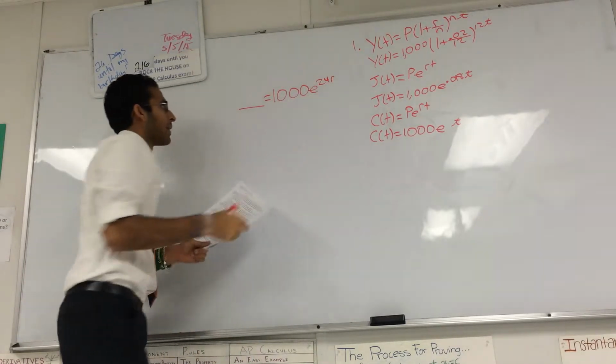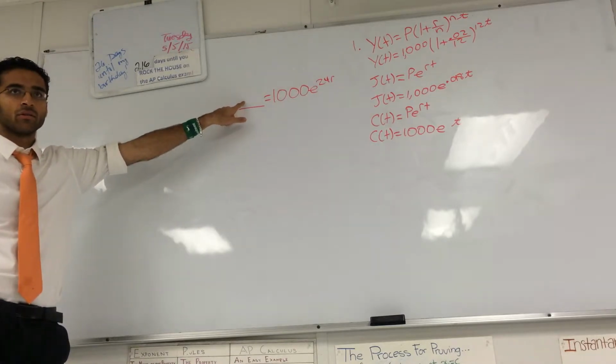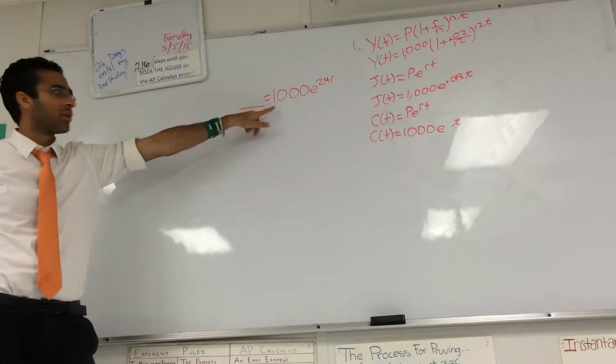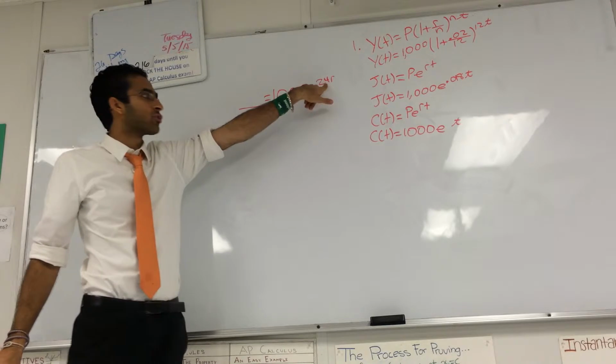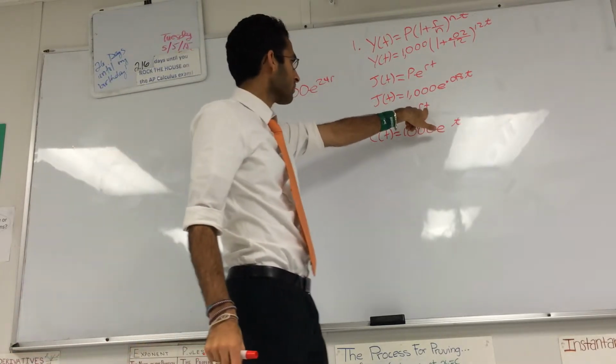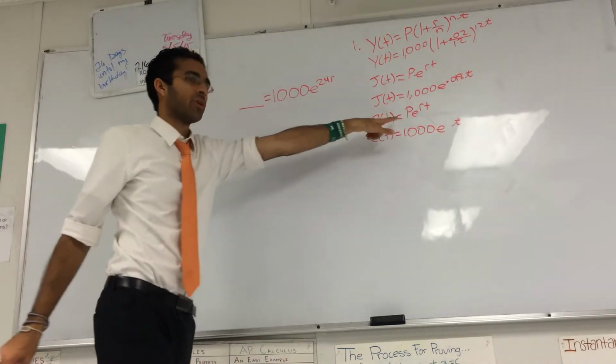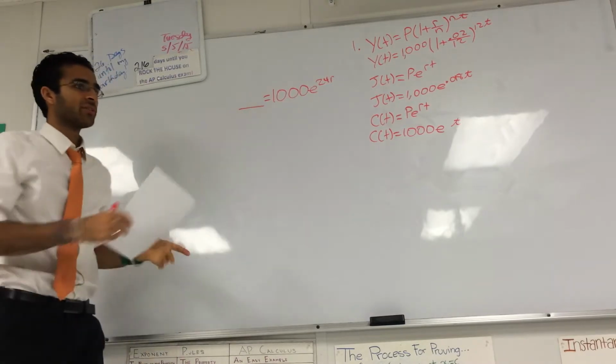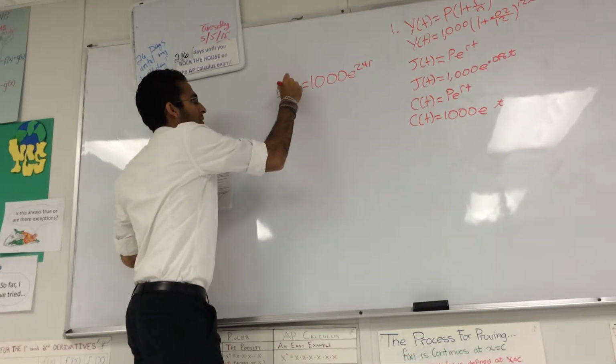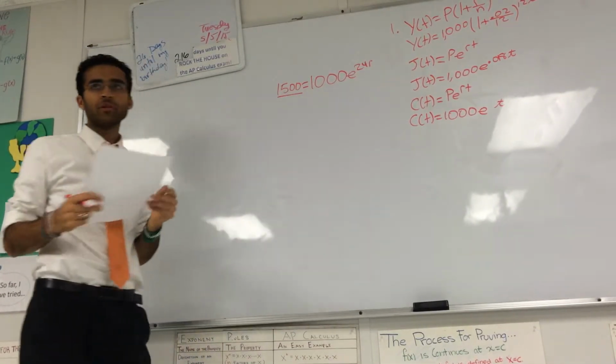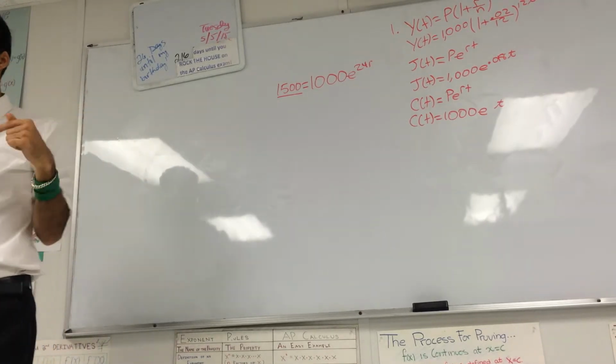So I don't know r, but I do know this. So I plug in 24 for t. 1,000 is what I started with. And in 24 years, I must have 1,500, 50% more than where I started.